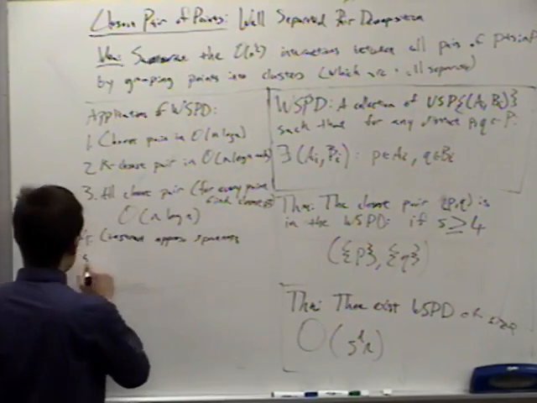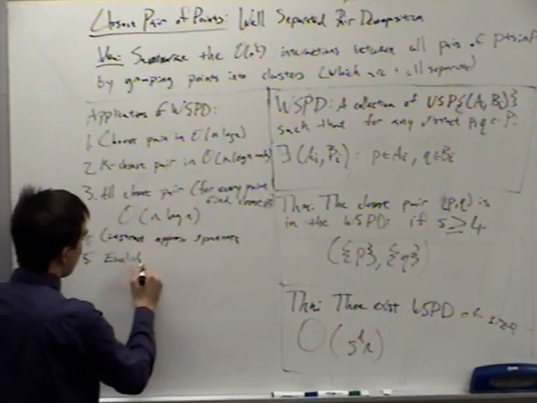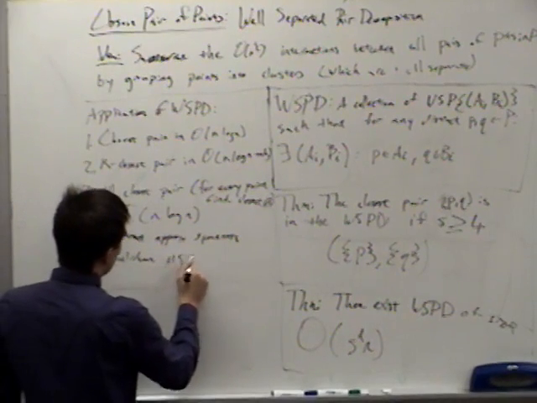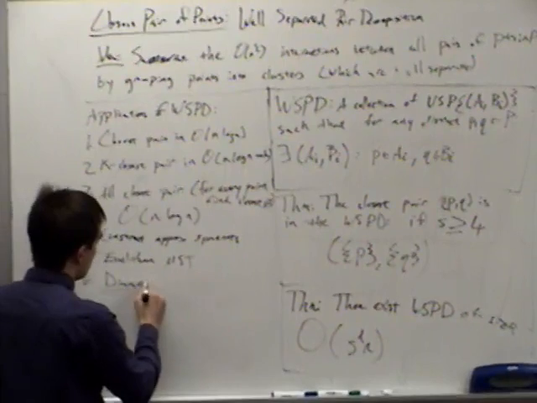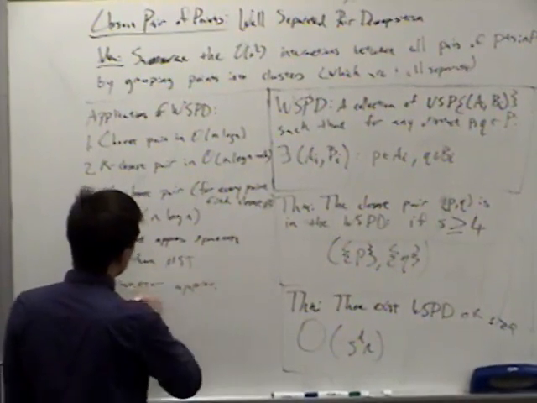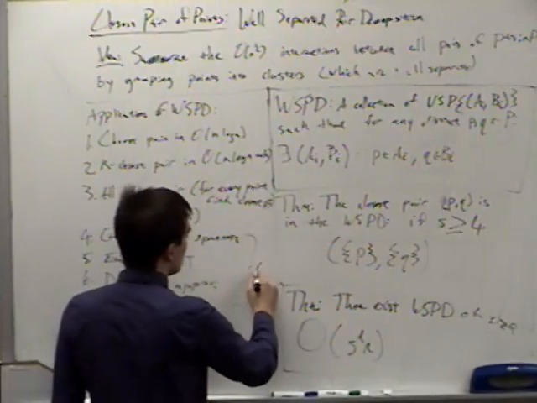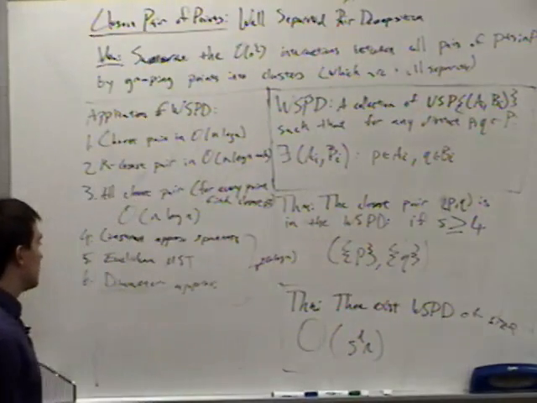Similarly for Euclidean minimum spanning tree. And you can also approximate the diameter of a point set. All of these, again, are basically order n log n, which is kind of neat.